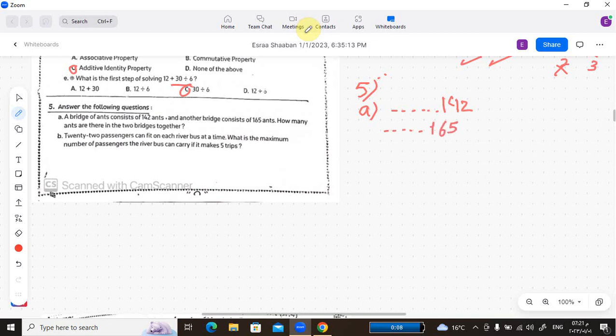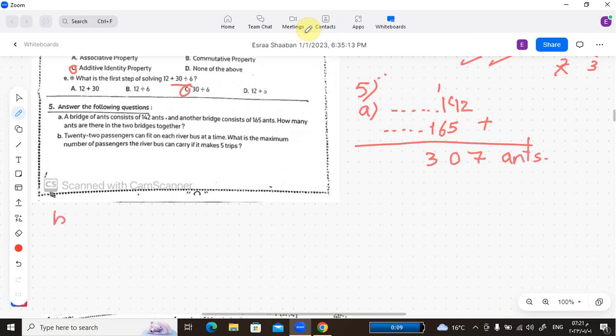How many ants are there in the two braids together? Together means plus. So I need to know how many in both braids. 2 plus 5 equals 7. 4 plus 6, 10, 0, and carry up 1. 1 plus 1 plus 1 equals 3. And don't forget to write ants.